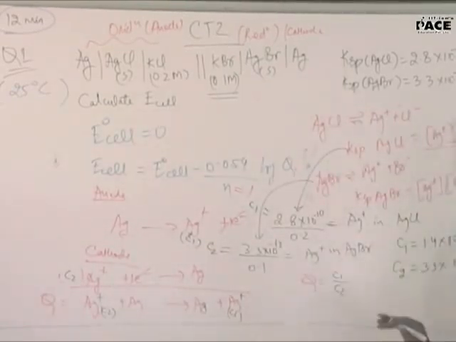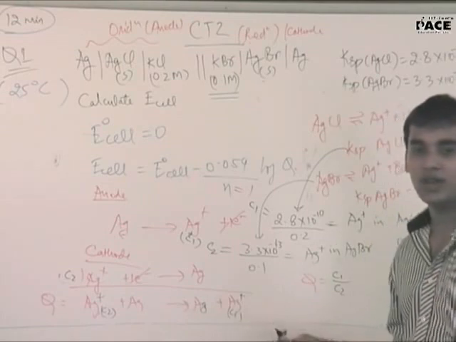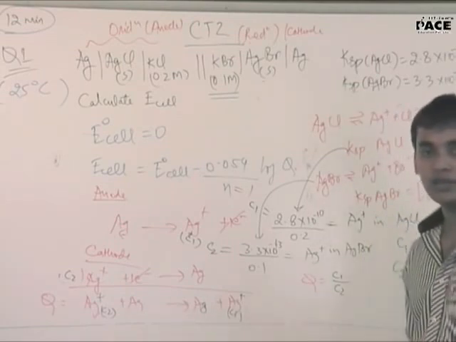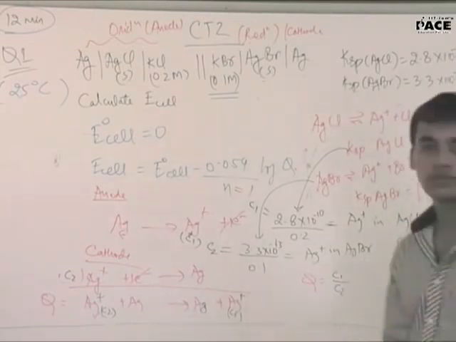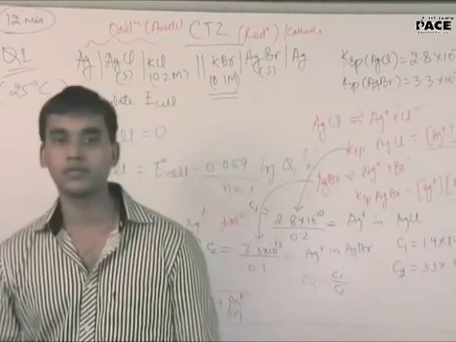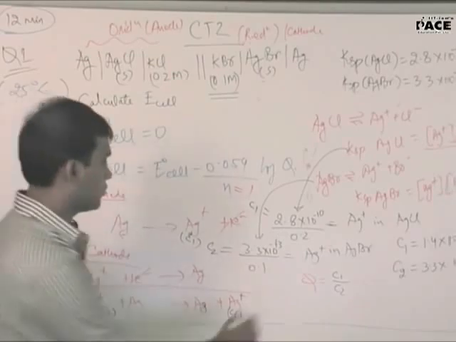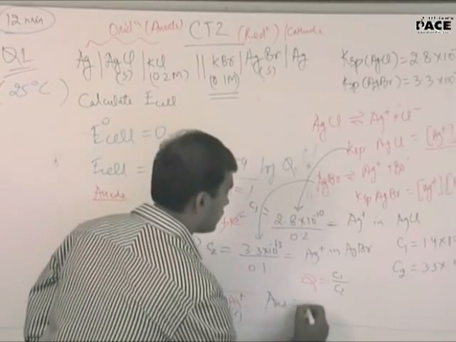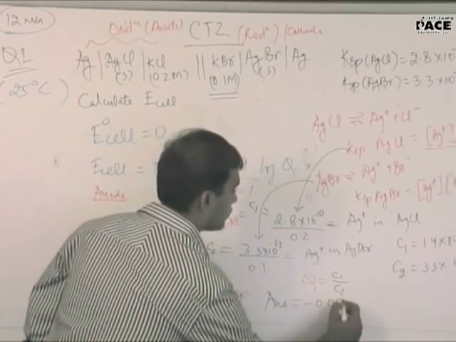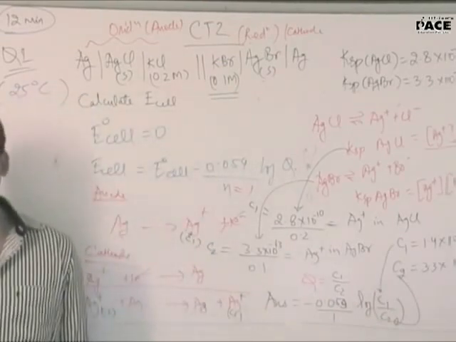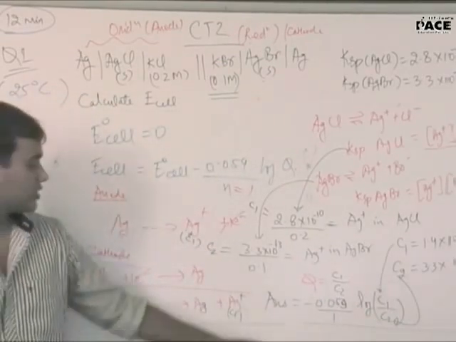Whatever you get, you just calculate minus 0.059 by 1 log of C1 by C2. I got I think minus 0.155. Plug in the values of C1, C2, whatever you get is the right answer. But this is the expression.